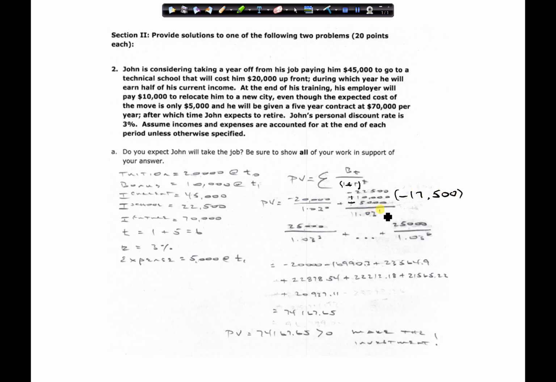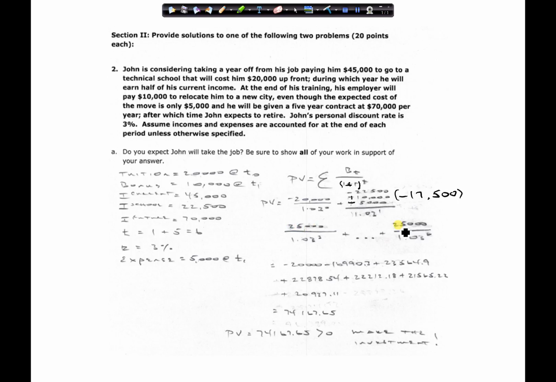And this is divided by 1.03 to the first, which happens to work out to be negative $16,990.30. We then see that for each year, starting at time 2 through time 6, so 5 years, then we simply have a positive value.